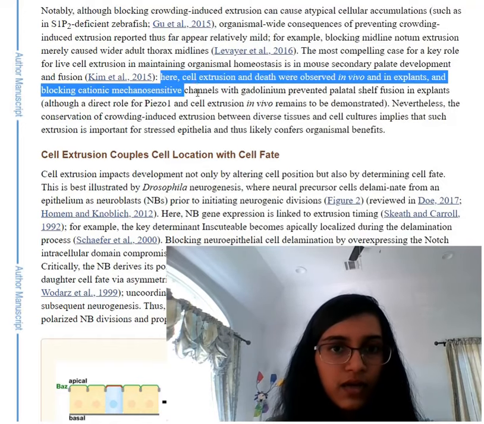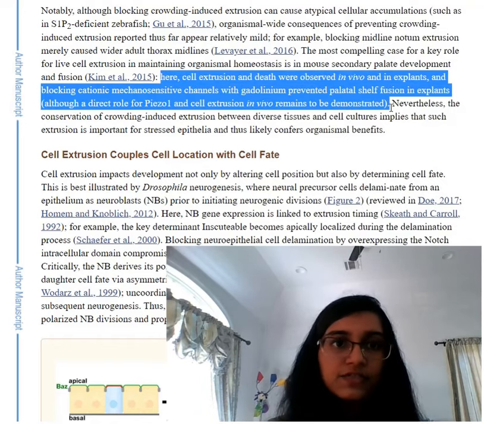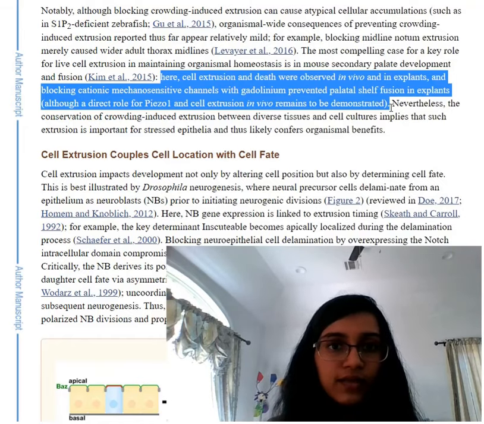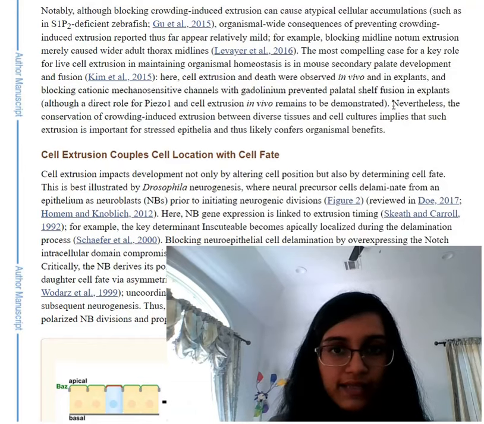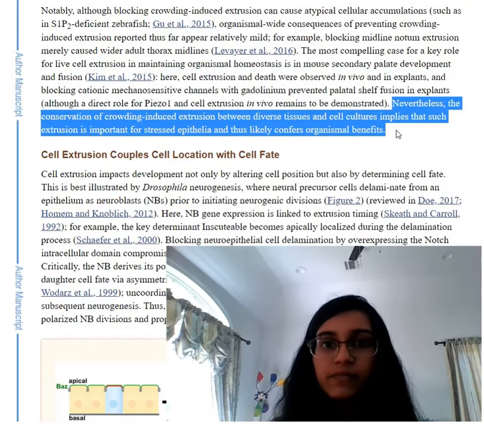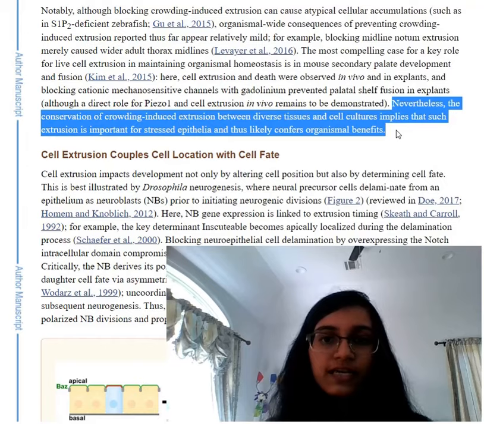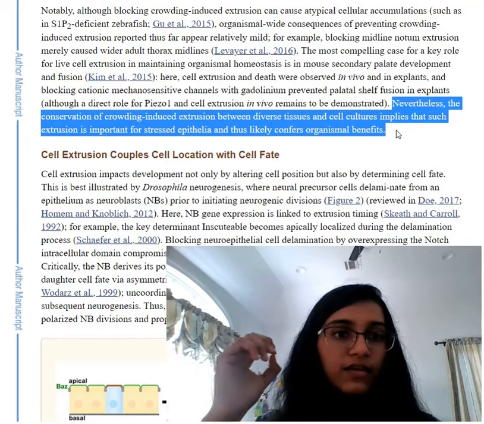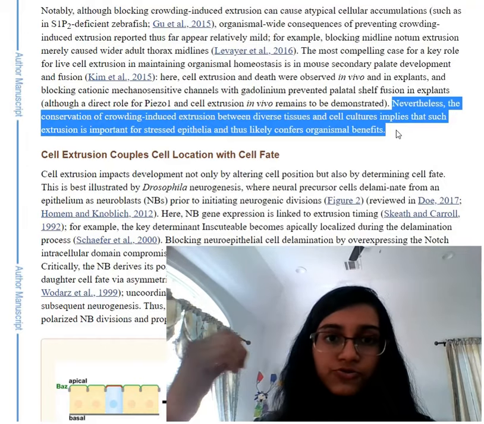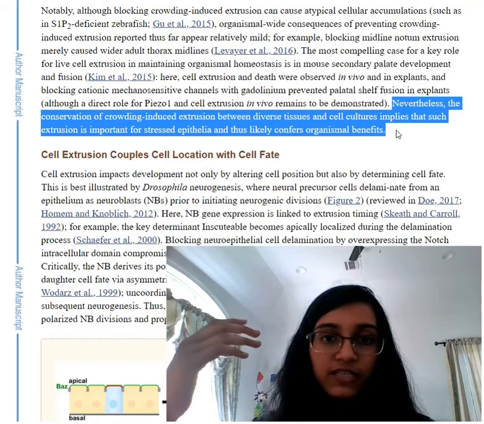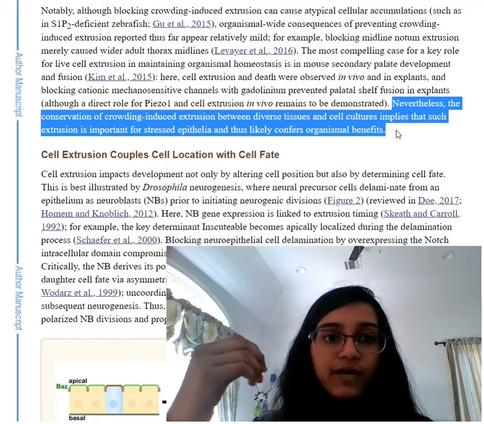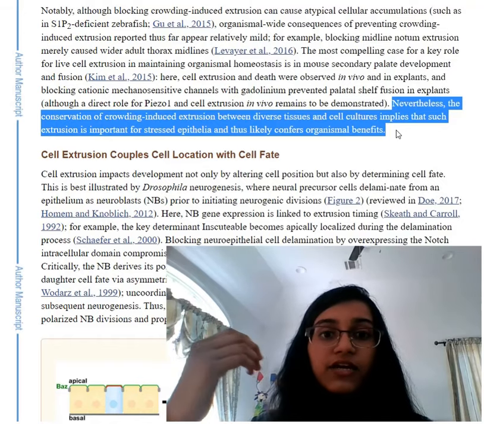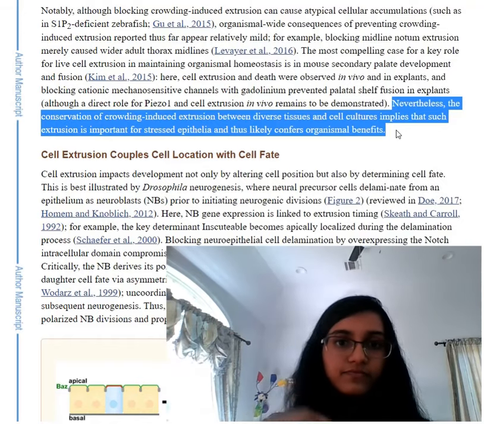So in the rest of the sentence, they just describe how this experiment was conducted in mice, and in this last sentence of the paragraph, they summarize the results, saying that, nevertheless, the conservation of crowding-induced extrusion between diverse tissues and cell cultures implies that such extrusion is important for stressed epithelia, and thus likely confers organismal benefits.